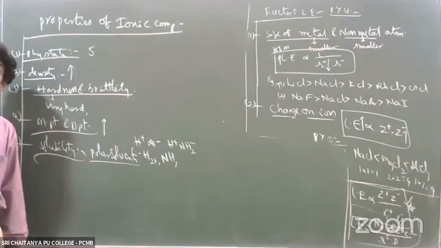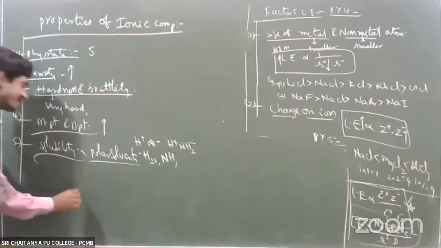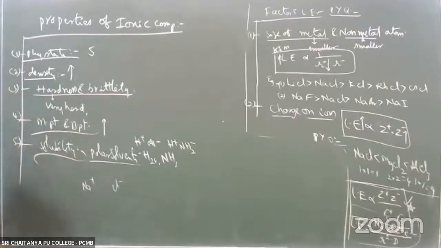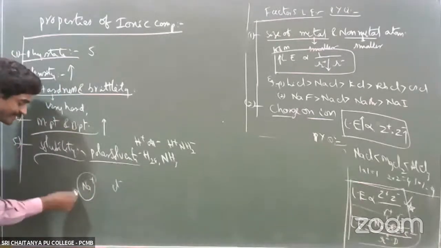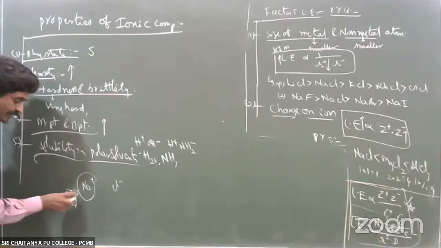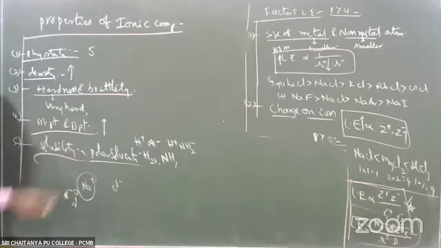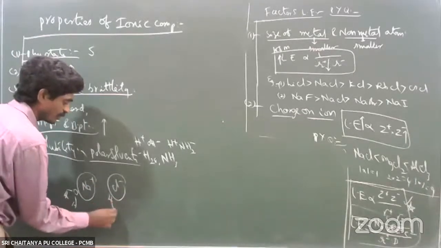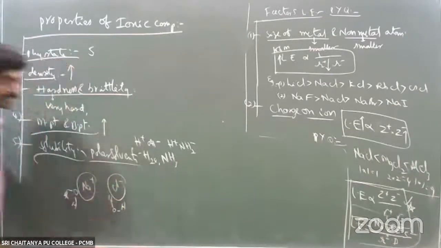Why? Because ionic compounds themselves have positive and negative poles. For example, sodium chloride has Na+ and Cl-, right? If sodium chloride is dissolved in water, what happens is that the negative part of the water molecules accumulates around the positively charged cation, and the positive part of the water molecules accumulates around the negatively charged anion.